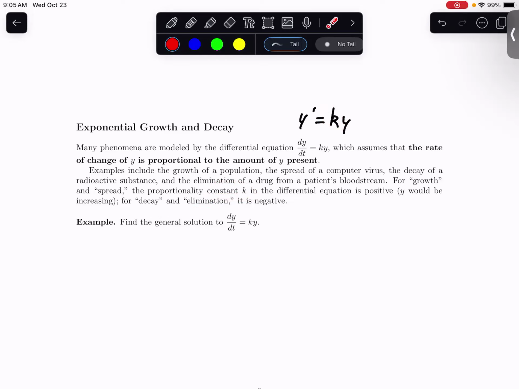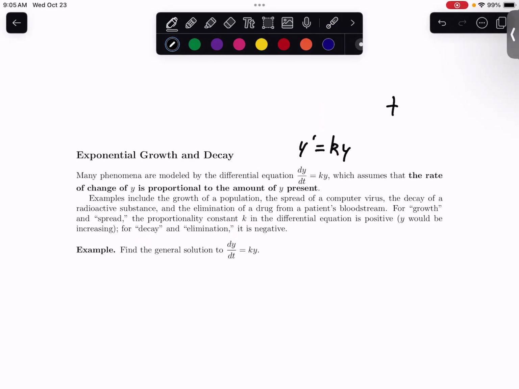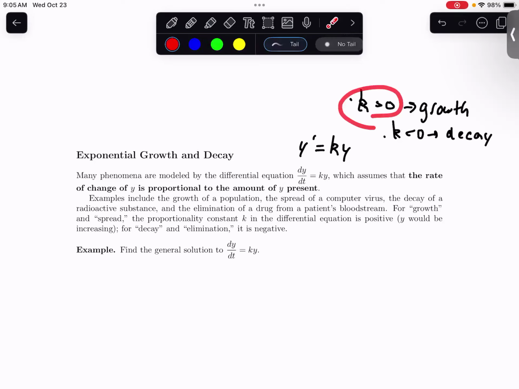So the sign tells you whether you're growing or decaying. Let me write it more clearly: if k is greater than 0, we have growth. If k is less than 0, we have decay. So there's exponential growth and exponential decay, and it depends on the value of this constant k.